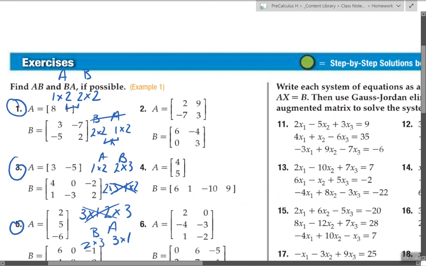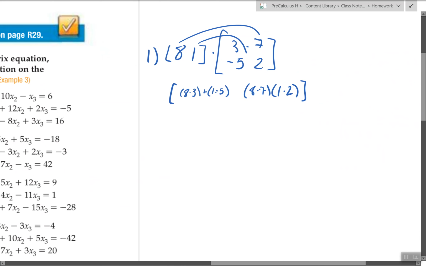So we should end up with a 1 by 2 answer matrix, and it looks like we've got that, a 1 by 2. So 8 times 3 is 24. That's negative 5. This is negative 56. And this is positive 2. Forgot the plus in there, plus 2. So we should end up with 19 and negative 54.